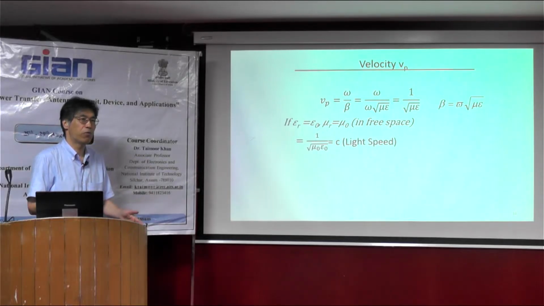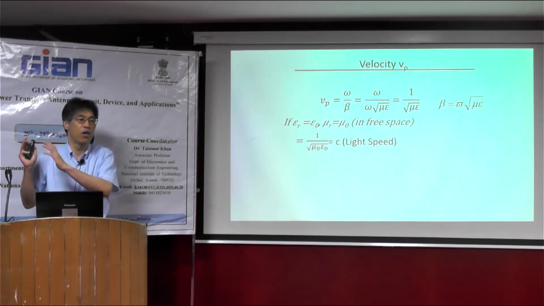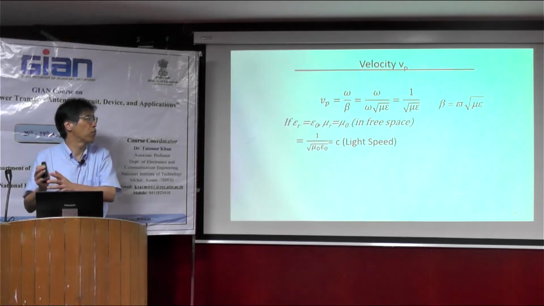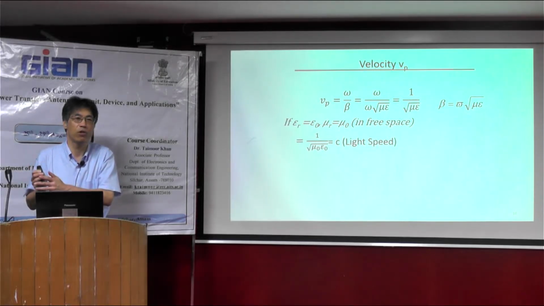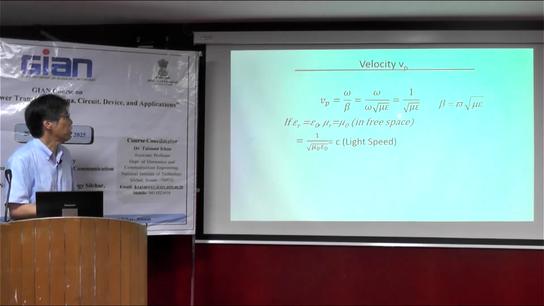It means from 50 hertz as electricity, microwave 2 gigahertz, for example, or terahertz wave, or optical wave, for example, petahertz, the speed is the same. And if we assume epsilon is equal to epsilon 0 and mu is mu 0 in free space, this velocity becomes 1 over root mu 0 epsilon 0, and it's equal to light speed.